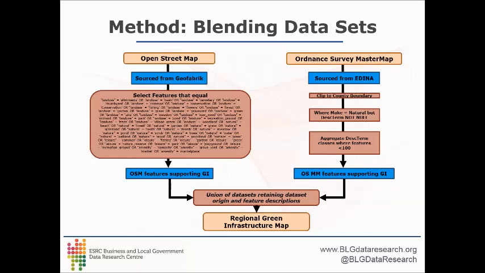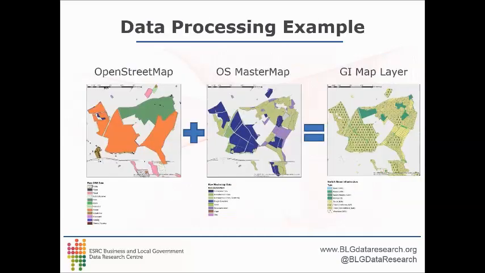So the kind of approach that we've adopted, here's a very simple example with different types of features. So we have a small area, we've extracted different types of features from the OSM data on the left-hand map. We've combined that with the MasterMap data, where you've got, as you can see, some differences in coverage.